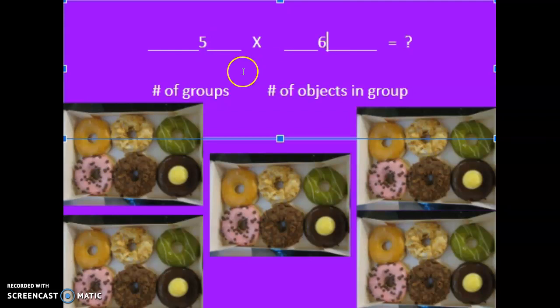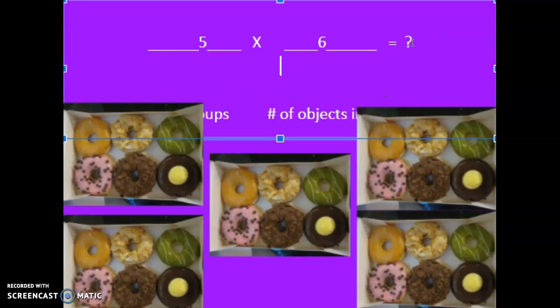And I would use a repeated addition sentence here to represent my total by saying that I'm going to see 5 groups of 6s. So 6 is what's going to be repeated in this sentence. So I'm going to have 6 plus 6.